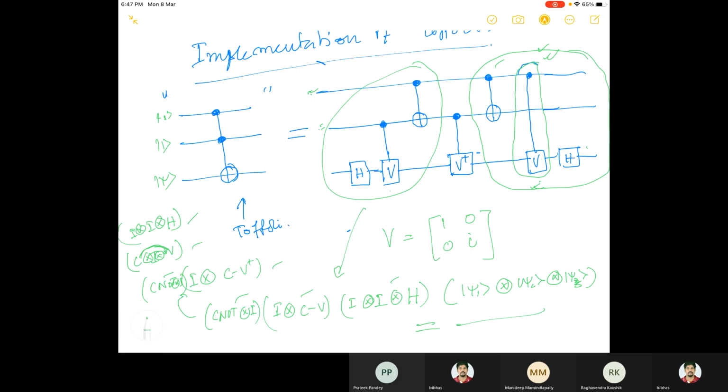Do you realize this from the circuit or not? If one of them is zero, say this is zero and this is one, or this is one and this is zero, at least one of them is zero, then nothing should be acted on the third one. This is what you have to make sure. And next, when both are one and this is psi, then the NOT gate should be applied to psi. That you have to make sure. And here this V is 100I.